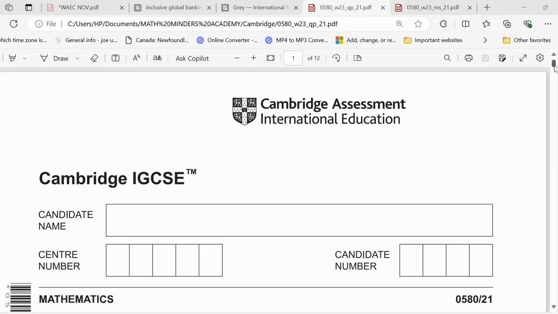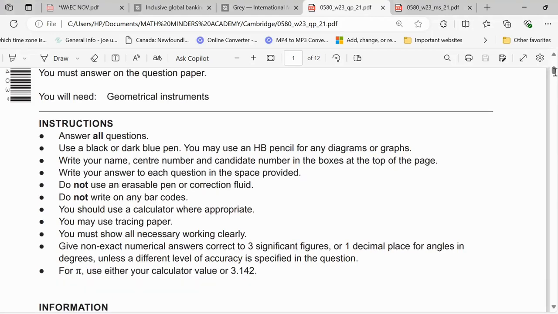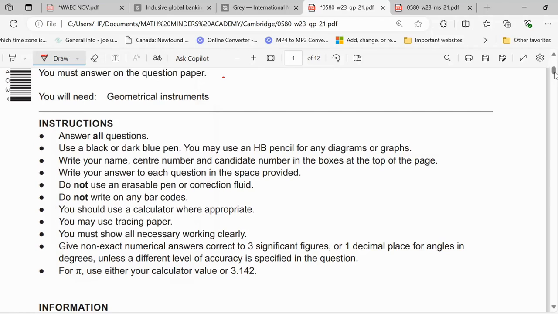First and foremost, let's look at the key instructions. It's very important we understand these instructions before we move into the exam hall. We need to understand that values are given to 3 significant figures, especially when they are not exact and when there is no specific information as regards the level of accuracy given.